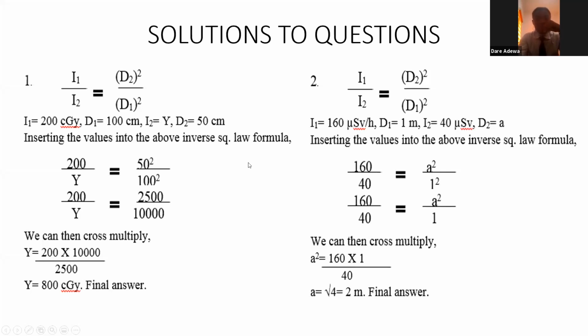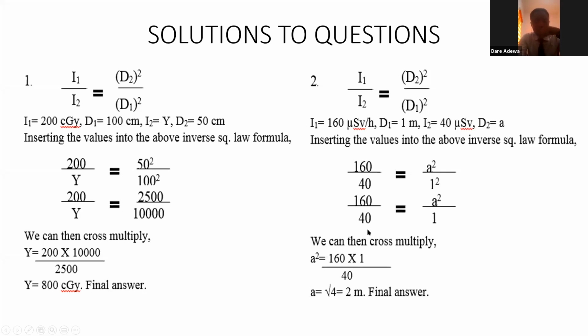Thank you. So number two, the same formula, the same procedure, just that we need to look for our final distance. Now we have our values here, 160 microsievert per hour. That is our dose rate, that is dose over time. You know, this microsievert over hour, an hour is time, that's dose rate. And our D1 is 1 meter. So now you insert all these values back into the formula, then we solve together.